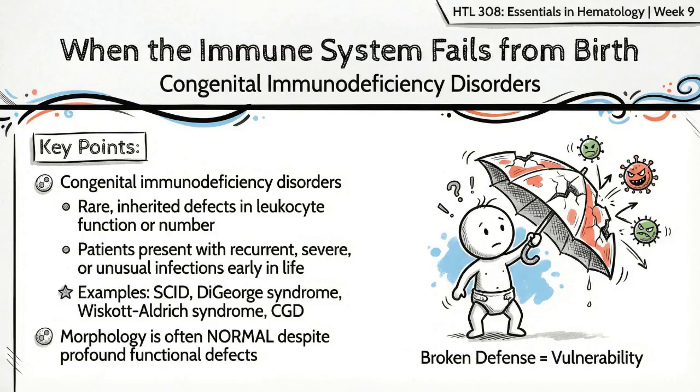Bruton's agammaglobulinemia results from BTK gene mutation, causing absent B cells and hypogammaglobulinemia with recurrent bacterial infections. On the peripheral blood smear, these conditions may show cytopenias and specific morphologic findings depending on the syndrome. The key takeaway: when you see unexplained cytopenias in a young patient, especially with recurrent infections, think primary immunodeficiency.